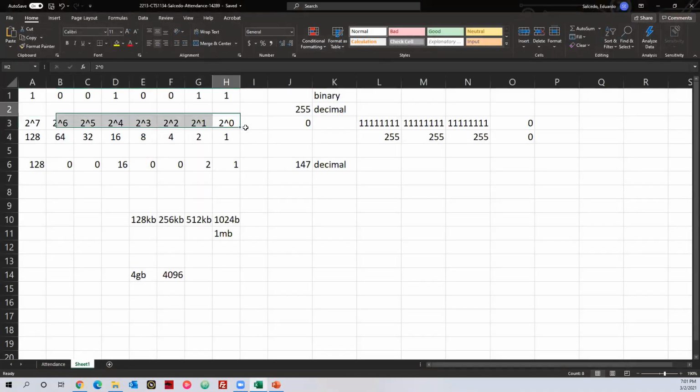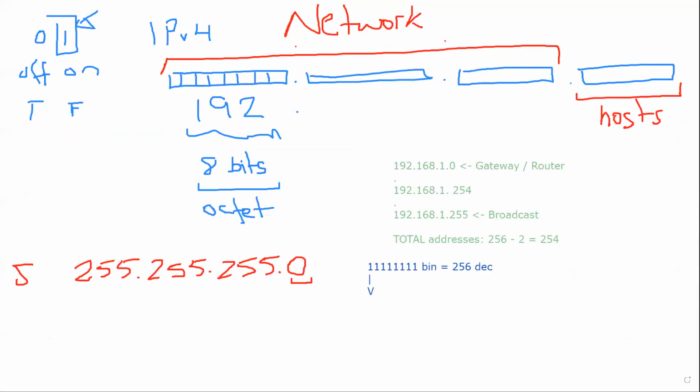All right, so if I tell you, I'm gonna get out of this and clear all of this, and I say change this and put it into binary, what would you do? You're gonna start with the left.